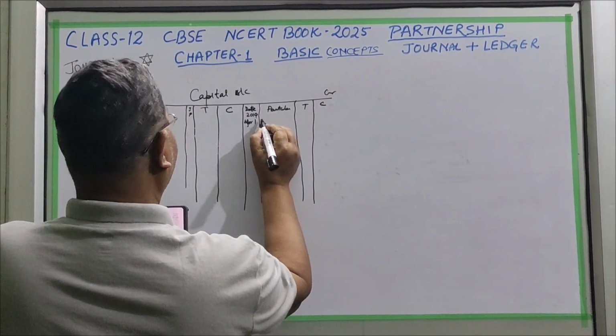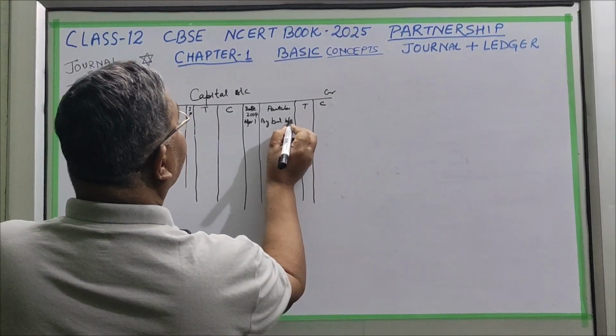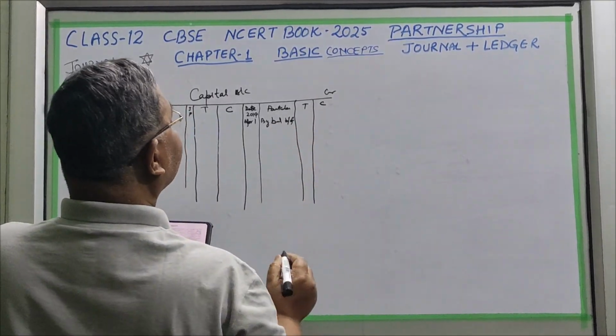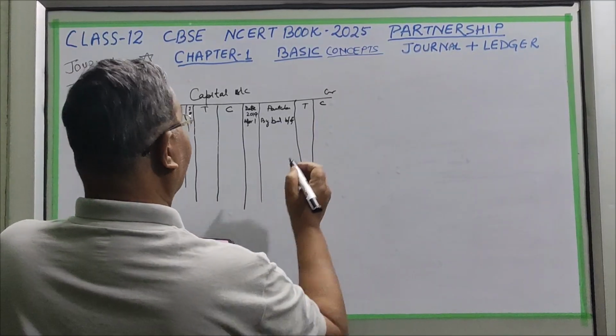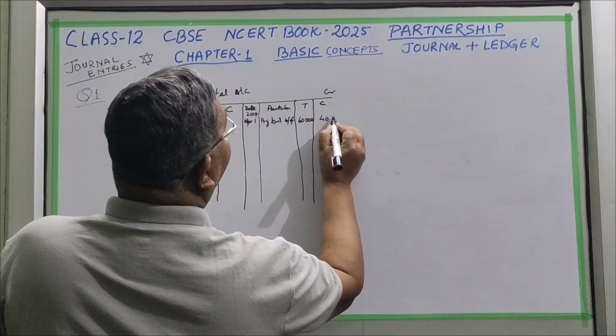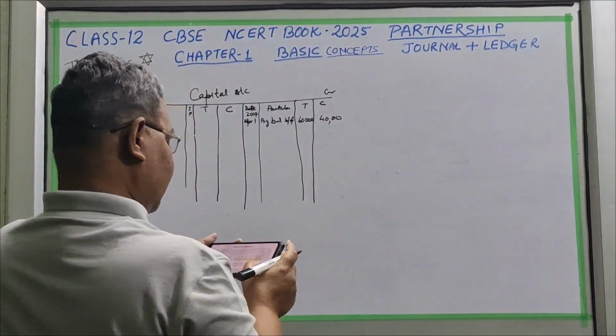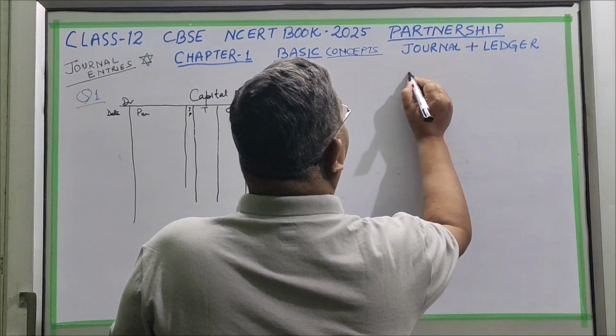April 1, by balance brought forward. Brought forward is 60,000 and 40,000. Here, first, I will tell you that partner's capital can be of 2 types.